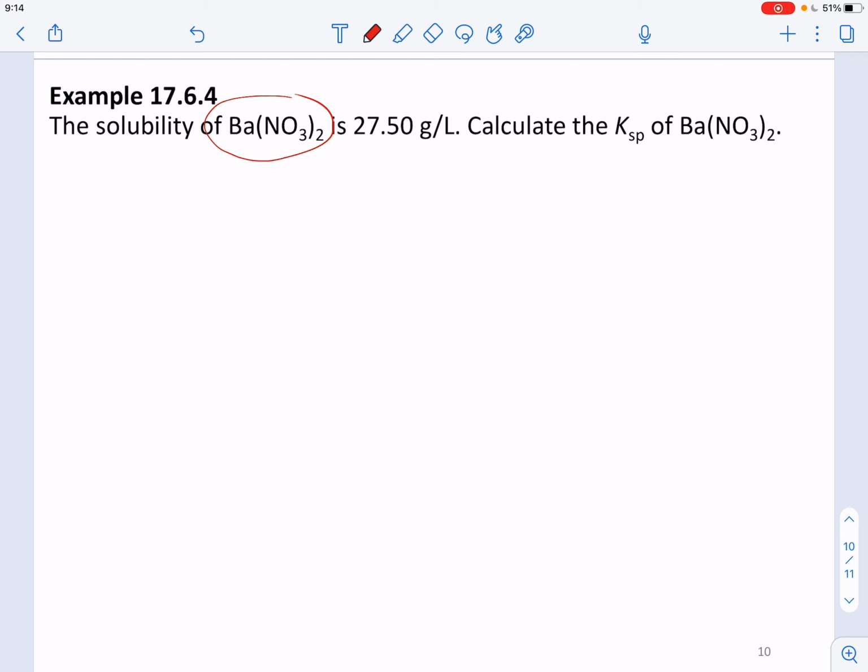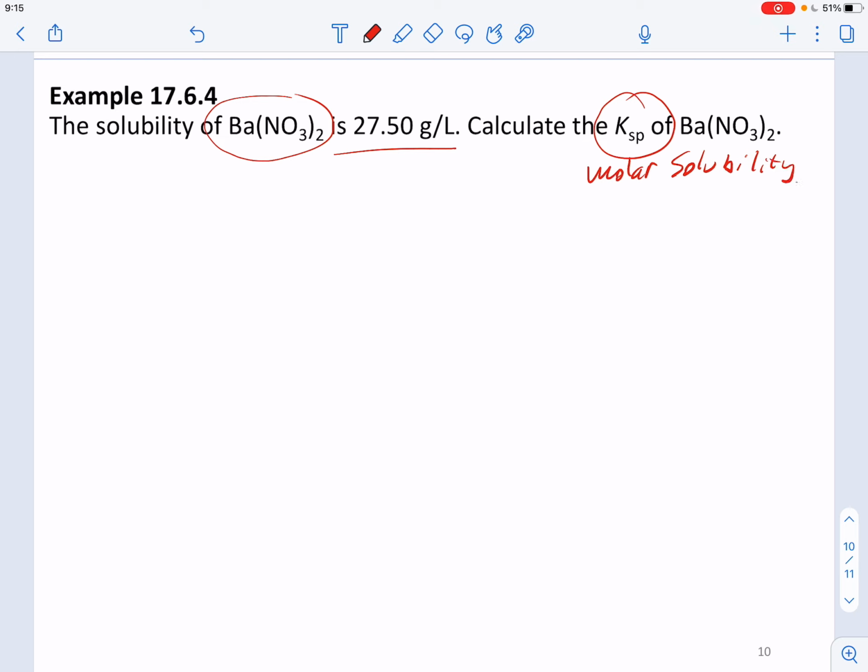So barium nitrate will have a limit on how much you can dissolve. For that particular case, you can only dissolve 27.50 grams per liter. Now, if you are calculating Ksp, then you need the molar solubility.